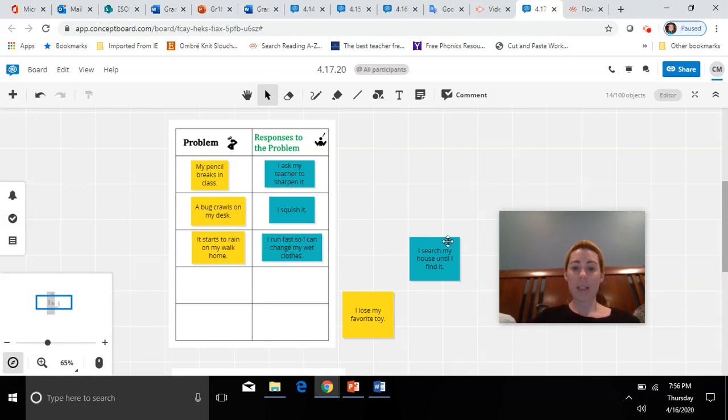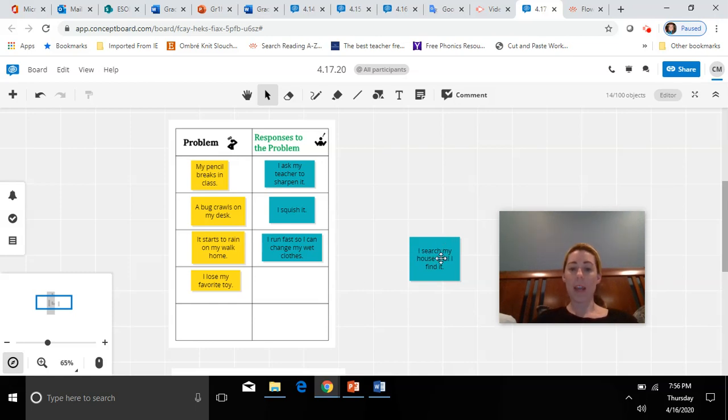Let's do our last one. Let's make sure these two are a match. I lose my favorite toy. Ooh, I hate when that happens. Don't you hate when you lose something that you love? So here is my problem. I lost my favorite toy. What do I do?